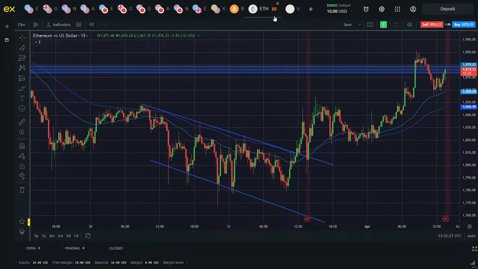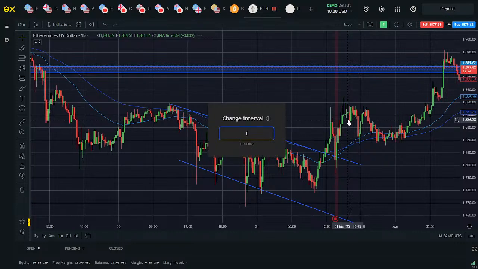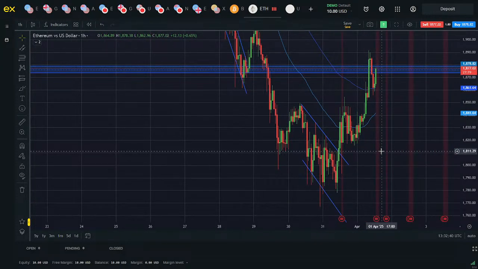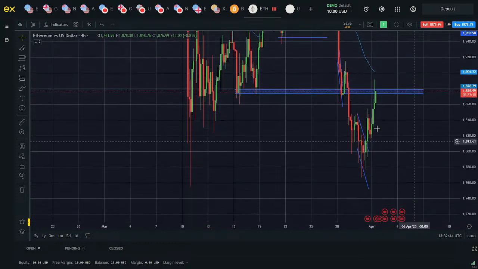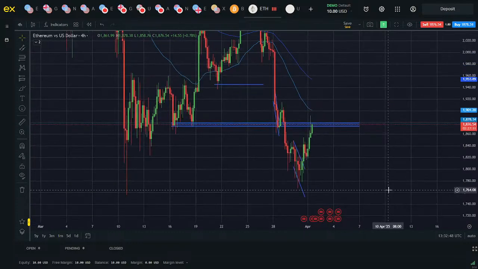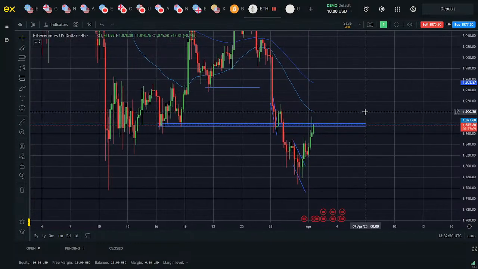And if you go for Ethereum, so what has happened in Ethereum.